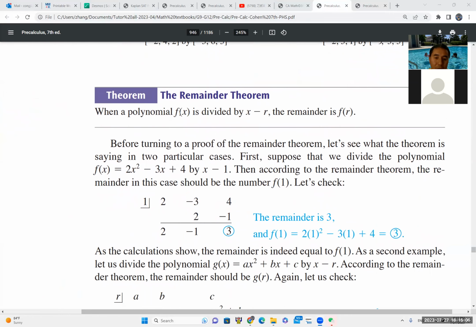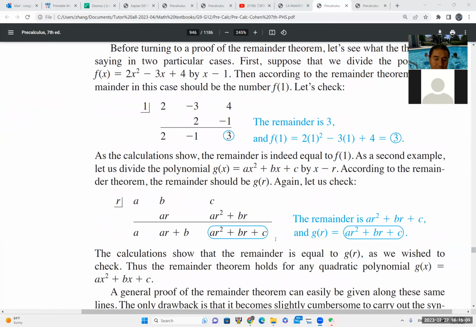For the remainder, you can also do a division to get it.